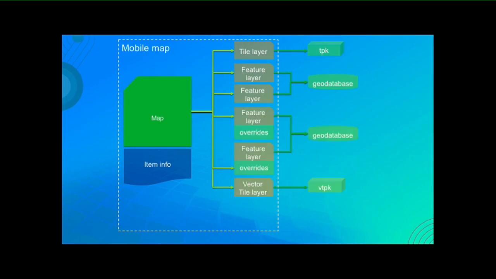The only thing that's changed is what's now backing these things. In the process of taking the data offline with the offline map task, it's gone out and replaced those services that were backing it with the data packages that were either pre-created or created on the fly. So now when you have this package on your device, it has the same map, the same set of layers with all their capabilities. It's just now pointing to local data packages that you can continue to use.